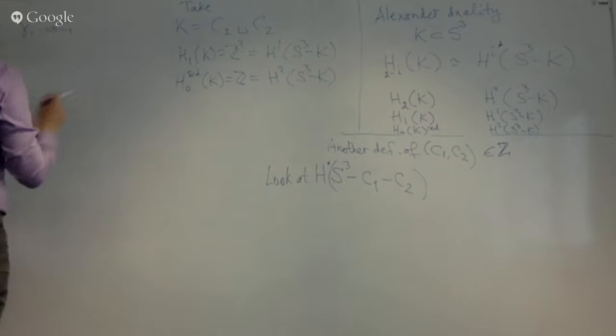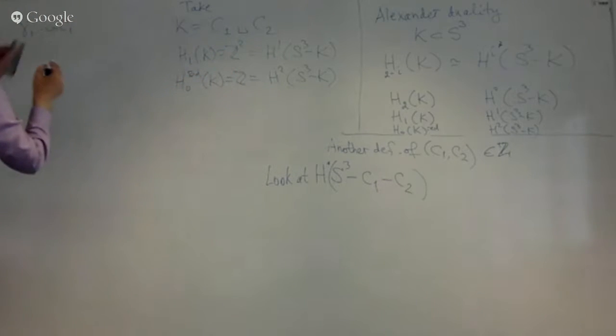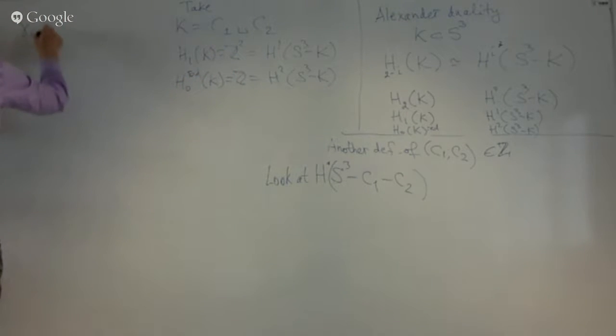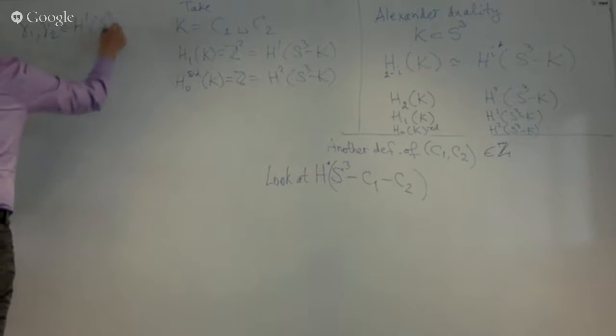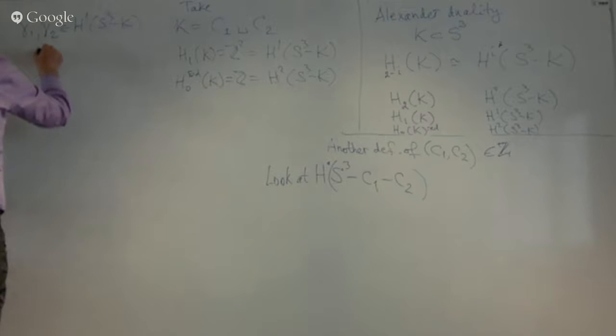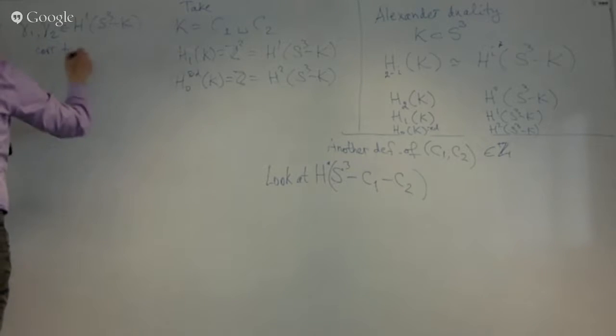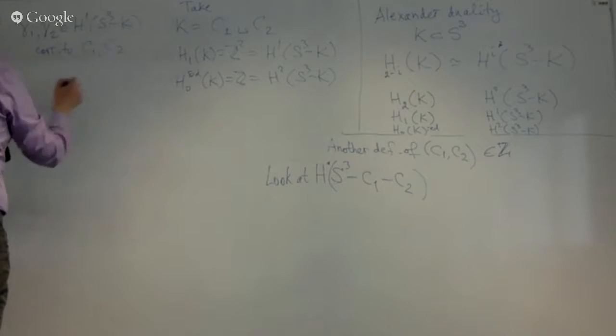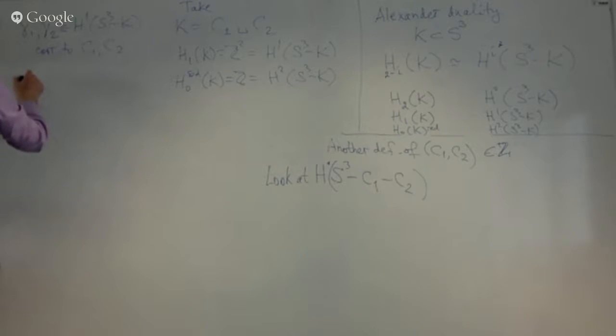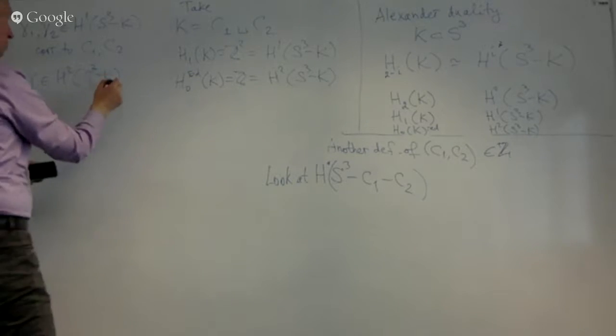In this identification, gamma 1 and gamma 2 in H1 of S3 minus K correspond to C1 and C2, and gamma in H2 of S3 minus K. That's the definition. So this one is the generator.